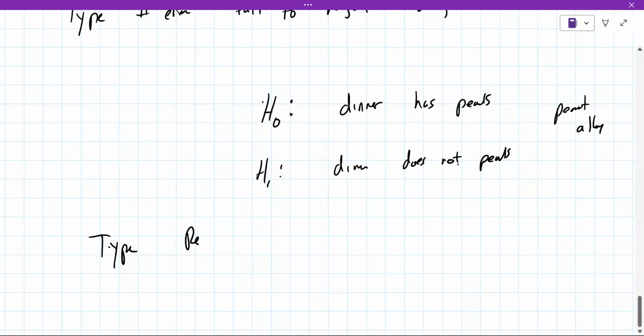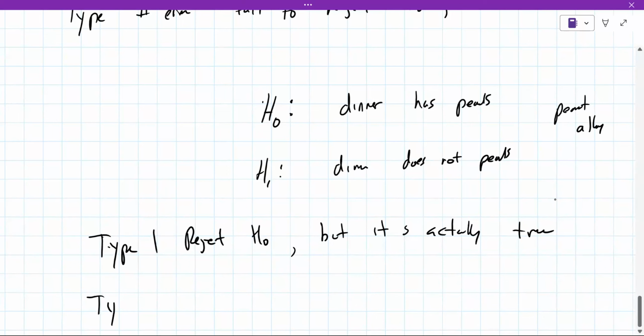When you reject H0, what does that mean for the problem? It means the dinner does not have peanuts. But H0 is actually true. So you think that the dinner does not have peanuts, but it actually does have peanuts. Is that bad if you have a peanut allergy? Yeah, it's really bad.